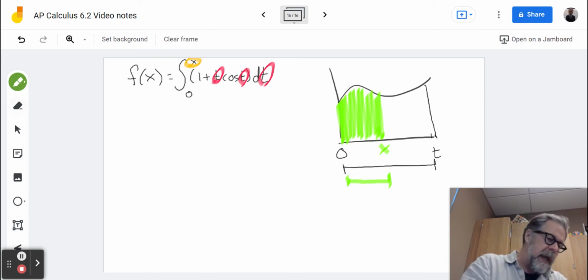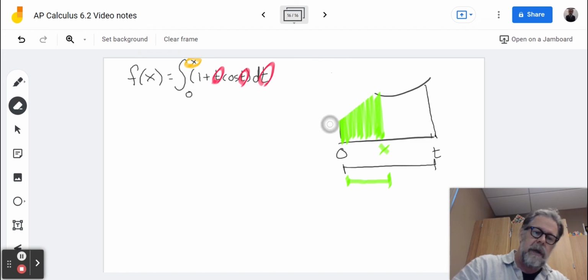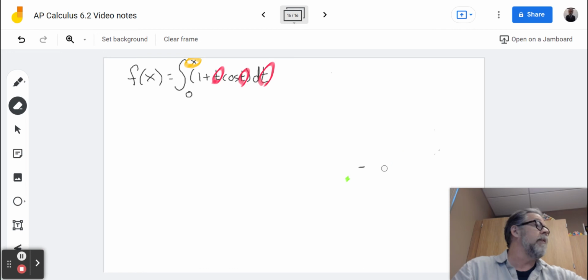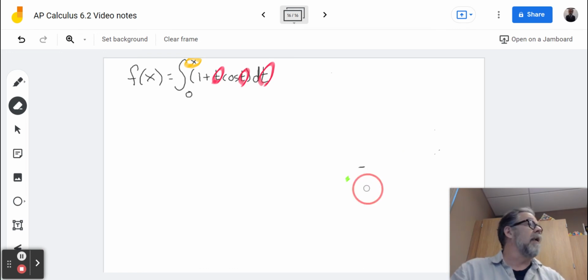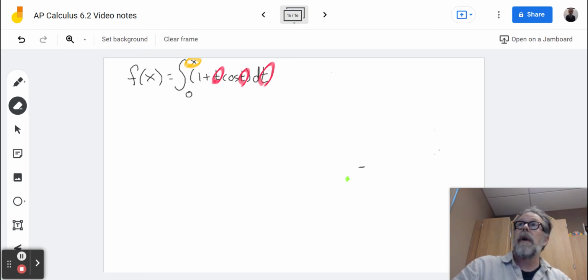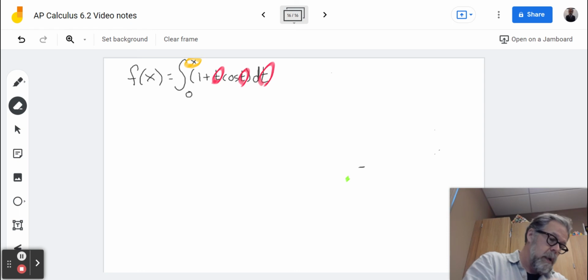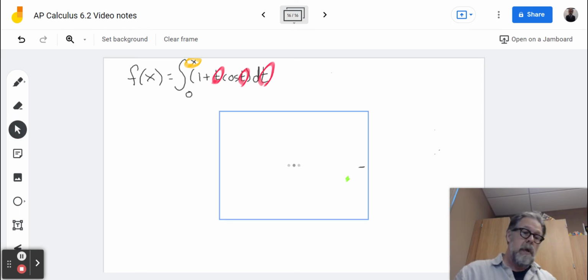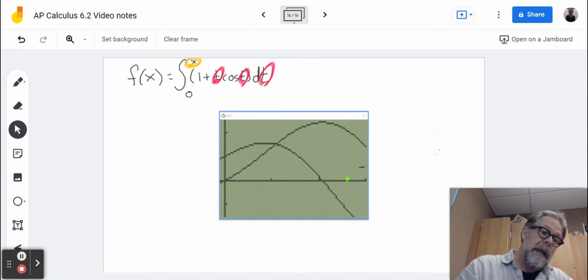So let's take a look at this accumulator function, and then I will show you very quickly how to drop it into our calculator. So I've got a graph here, and the graph has both the original function, y equals 1 plus t cosine of t, and the accumulator function, which is the area under that curve.